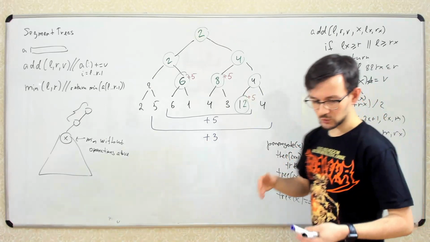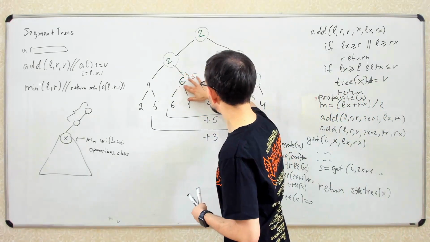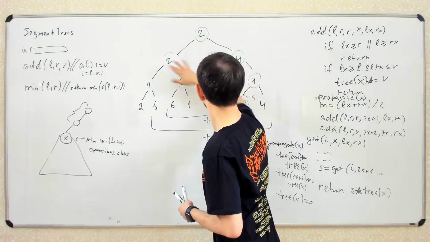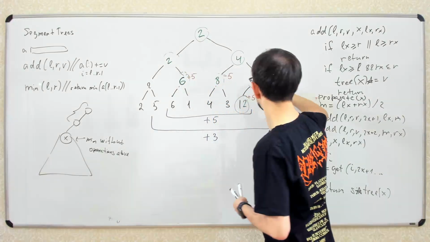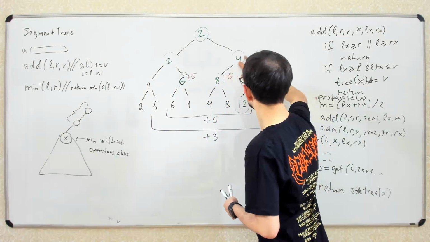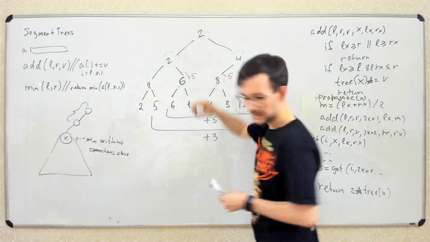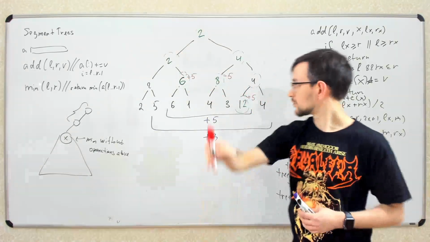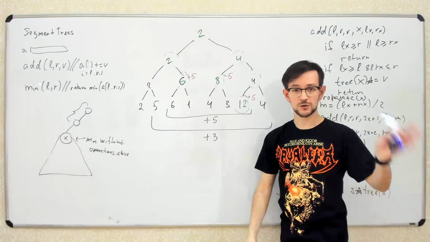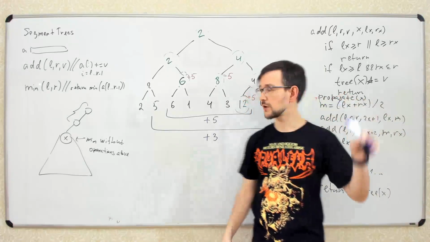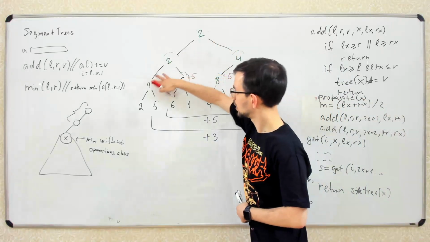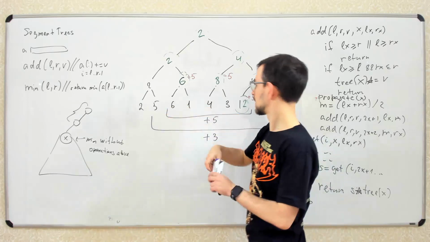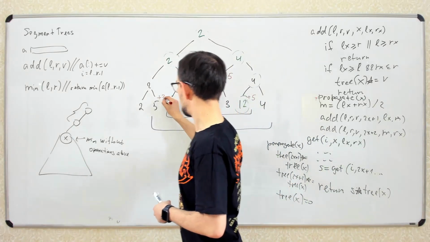So what will change? Again, you start from the root, make the same recursive procedure as here. So you go to left, to left, to left. Find this node. Add 3 here.